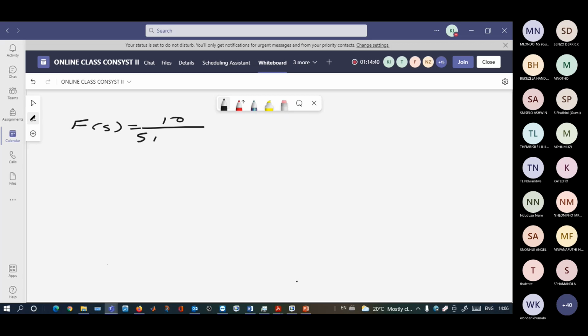Can you switch off the microphone? So we have s plus 4 squared times s plus 3.